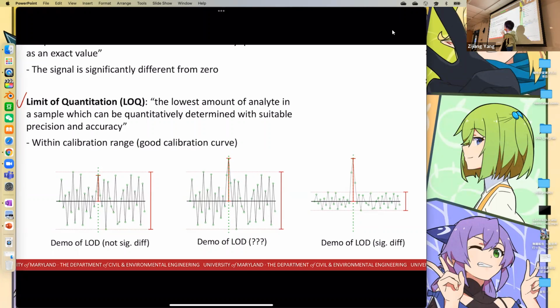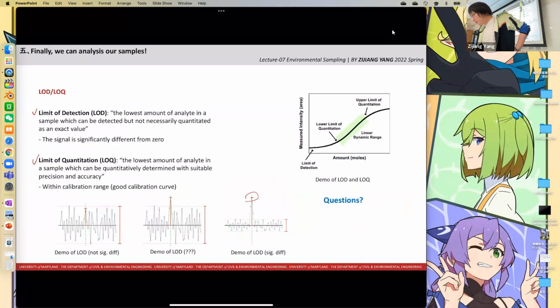Sometimes when we have this situation, we need to do some statistical analysis, but this is not the focus of this class. Basically, in this situation, we know that we have some chemical in our sample, but we cannot determine how much we have, because if we want to determine how much, we need to use the calibration curve.